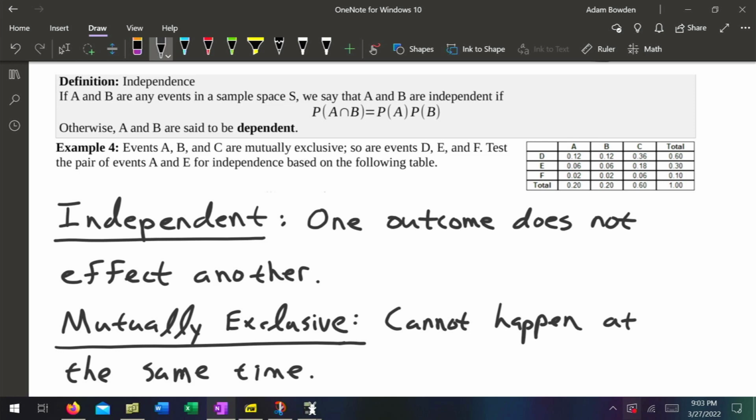They're independent in that case. On the other hand, mutually exclusive refers to events that cannot happen at the same time. So these are related but very different topics that we look for when talking about probabilities. And so let's look at the dependence here in particular for this example.